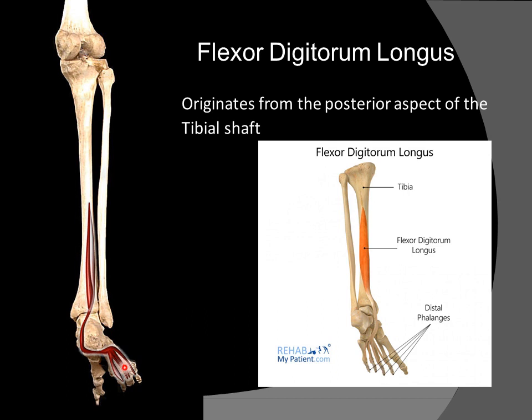Insertion: the plantar surface of the base of the distal phalanges of the lateral 4 toes is the insertion of flexor digitorum longus. This muscle is supplied by the tibial nerve.